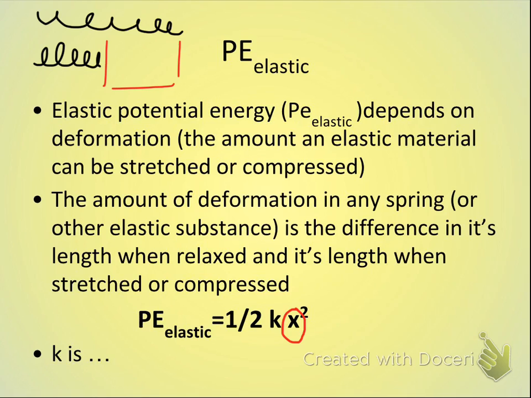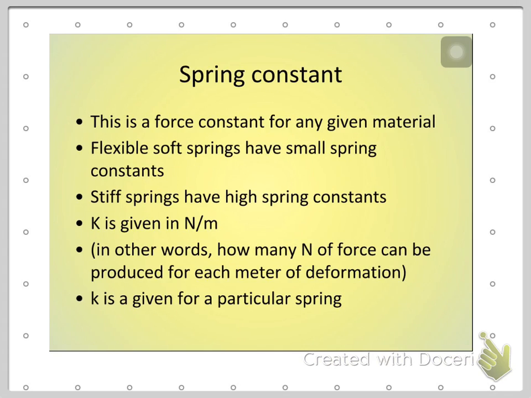So does the formula for elastic potential energy look like anything else to you? PE equals 1/2 kx squared. Kind of looks a lot like kinetic energy, where kinetic energy is equal to 1/2 mv squared. A parallel can be drawn. k is a constant. k is actually the spring constant.